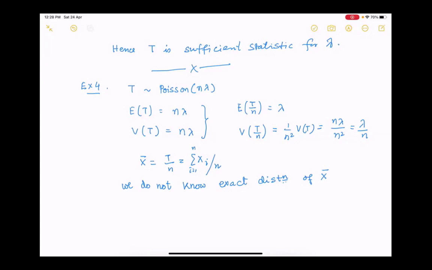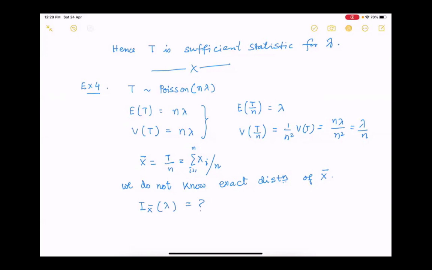It's difficult. The question is, can I say something about X bar and lambda?